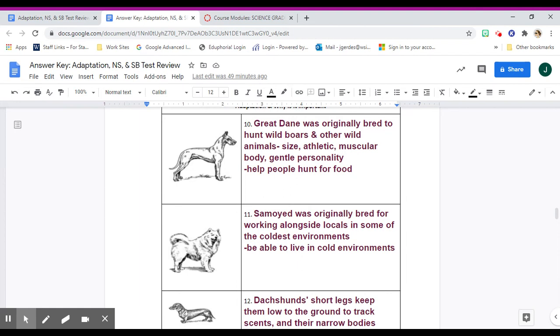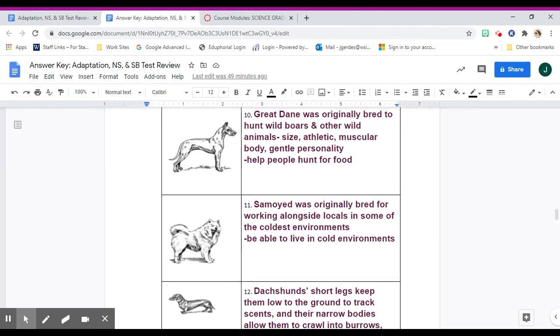So Great Danes, their size, athleticness, their muscular body, and gentle personality is what they're known for. And what it does is they help people hunt. Nowadays, again, our dogs don't do much other than bark in the yard and lay around the house. So we are not necessarily using dogs for what we were breeding for back when we had pioneers. They're kind of living a cushy life. But originally, Great Danes were to help people hunt.